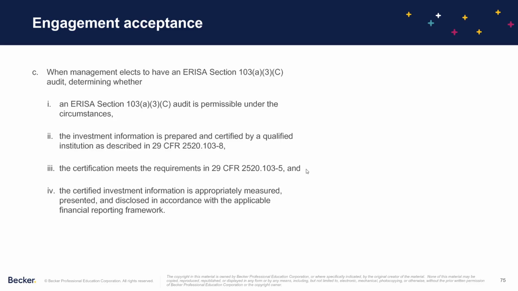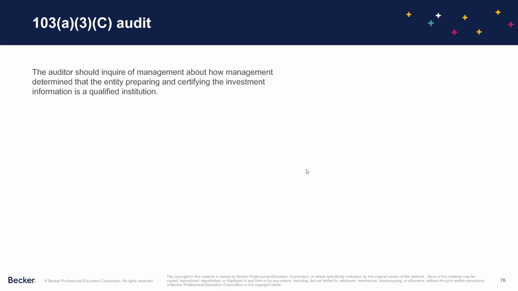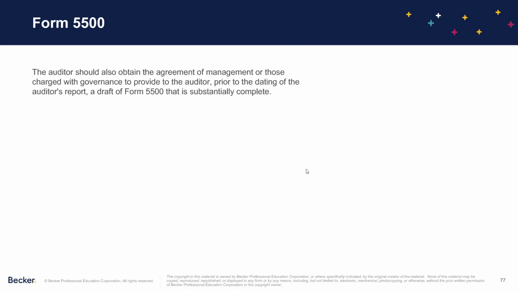In addition, for 103A3C audits, we should inquire of management about how management determines that the entity preparing and certifying the information is a qualified institution, because that is one of management's responsibilities. We need to get comfortable with the process that management used to make that determination. And then for the Form 5500, we also need to obtain the agreement of management or those charged with governance to provide the auditor, prior to dating our report, with a draft that is, here's the key term, substantially complete.